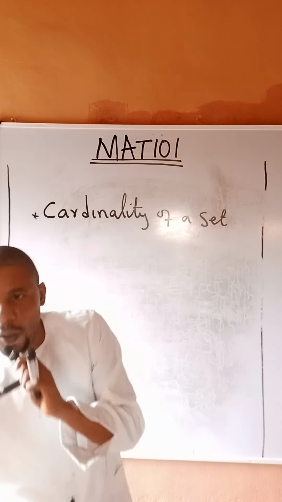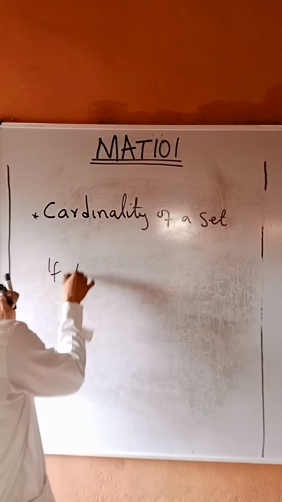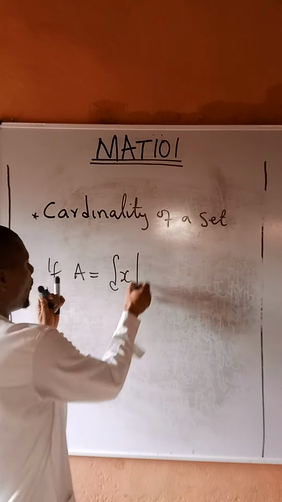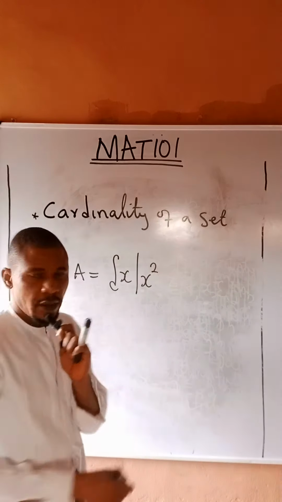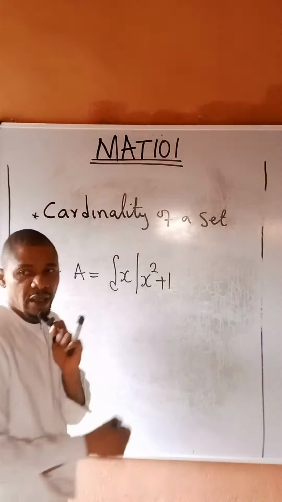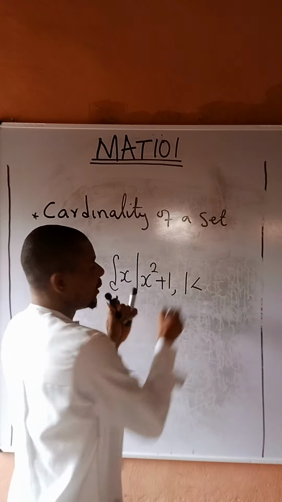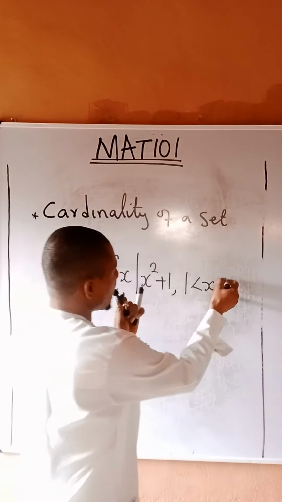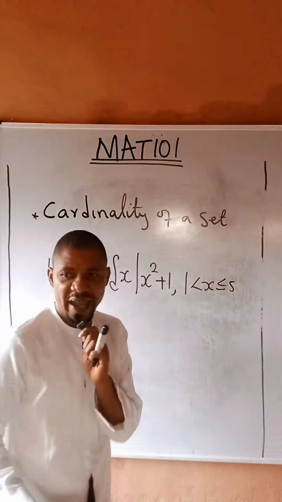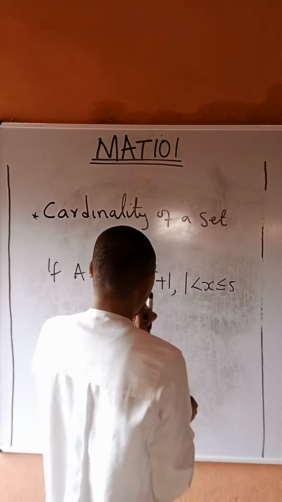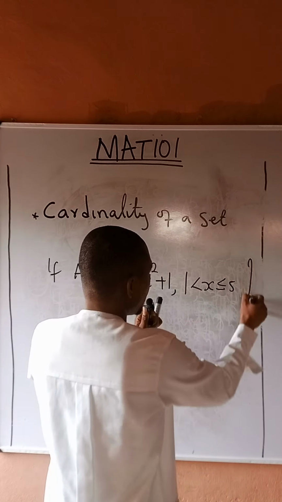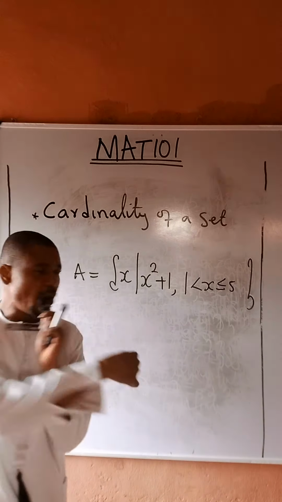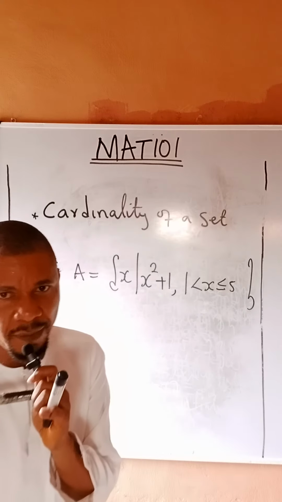If a set A is equal to the set of x squared plus 1, with a condition here, 1 is less than x, and x is less than or equal to 5, then we have to find the cardinality of this particular set. Believe me, if you are not careful, this question will disgrace you in the exam hall.